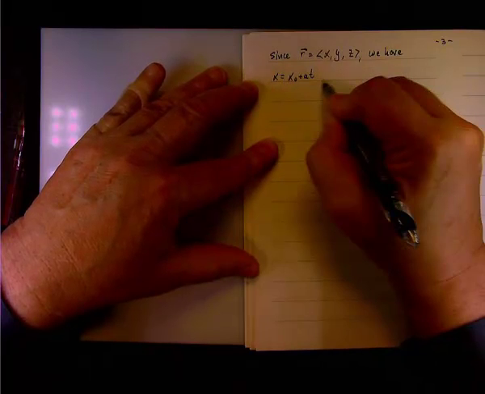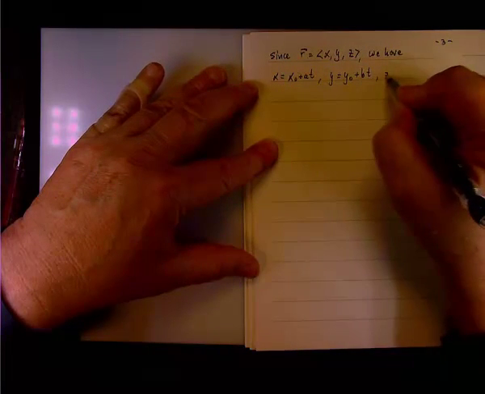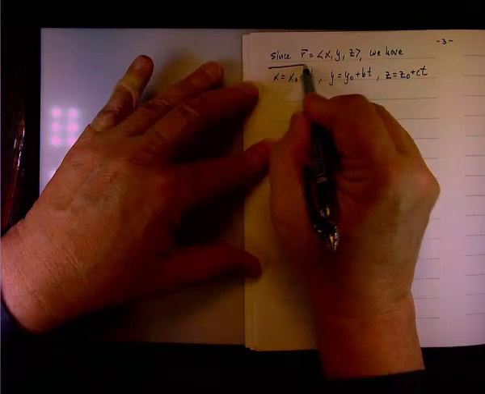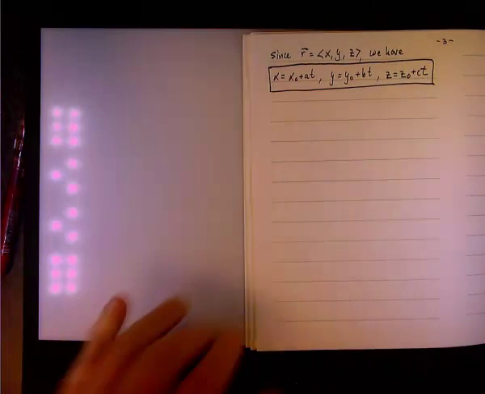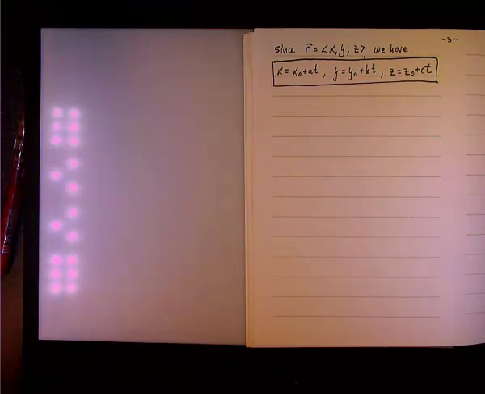Since R is the position vector x, y, z, we have X equals X sub 0 plus AT, Y equals Y sub 0 plus BT, and Z equals Z sub 0 plus CT. Those are the parametric equations of the line. So you have a set of three equations.